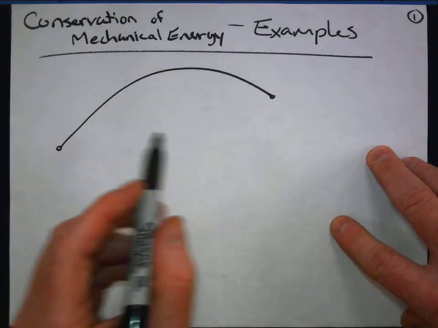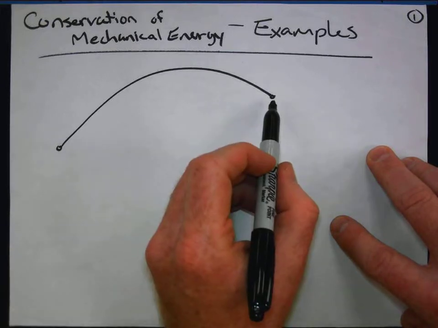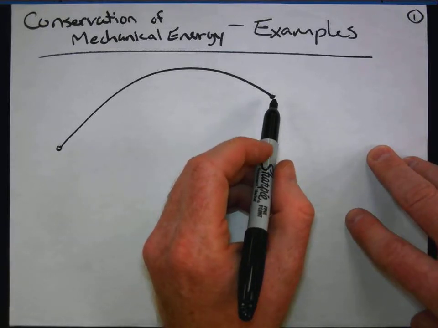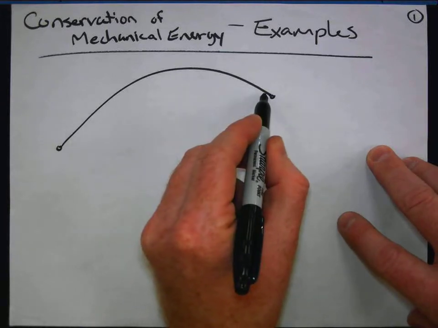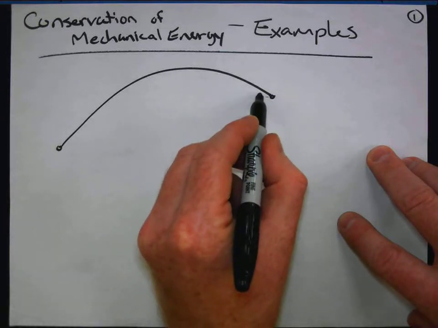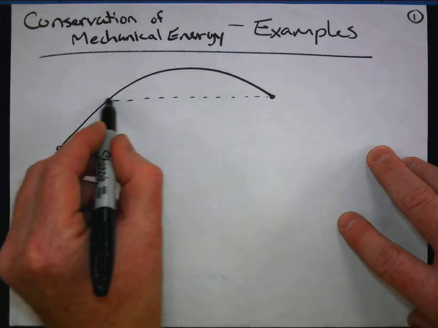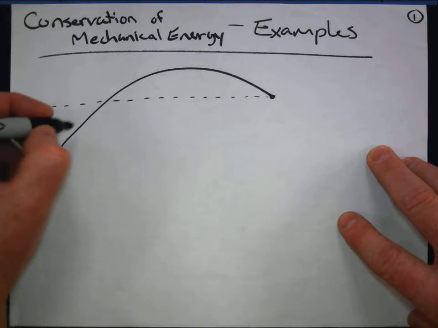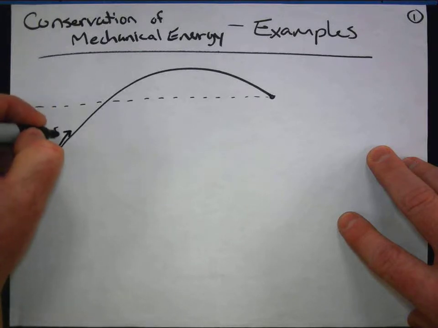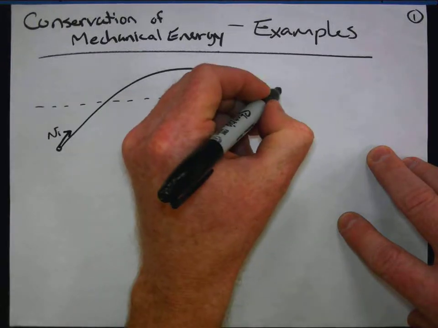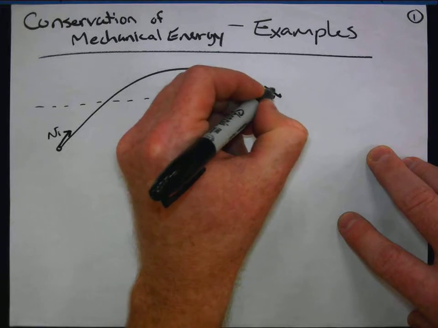Let's say we have a home run hit, so the ball is caught by a fan who is sitting in the stadium somewhere, and so the elevation of the ball when it is caught is different than the elevation of the ball when it is hit by the bat. There's also some initial velocity here, and there is some final velocity here.